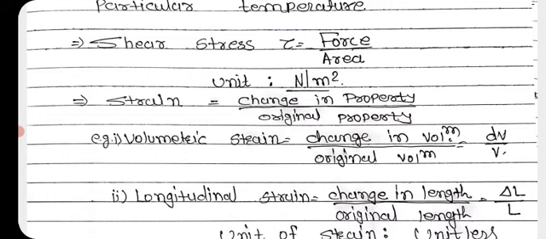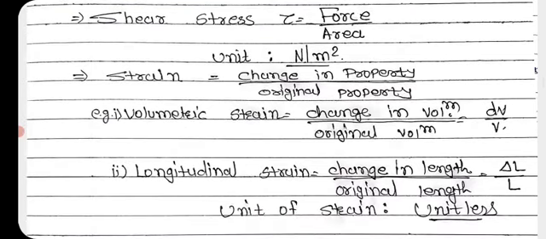So any property change is denoted by d or del. Here I have written dv by v, volumetric strain. Second, for example, longitudinal strain is the change in length divided by original length. Here I denote length change as delta.